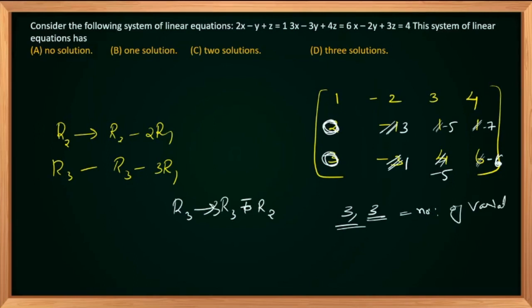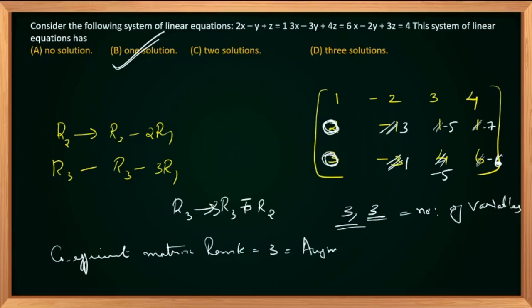Okay, in that case, it is a unique solution, which means a single solution. You will get coefficient matrix rank equal to 3, which is equal to augmented matrix rank.